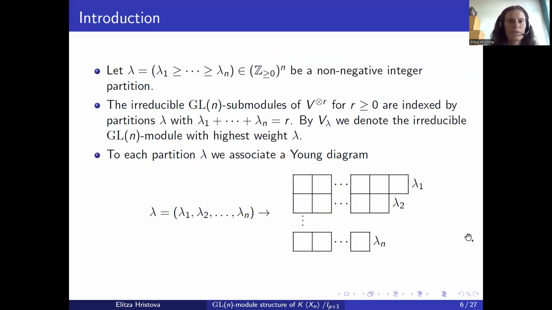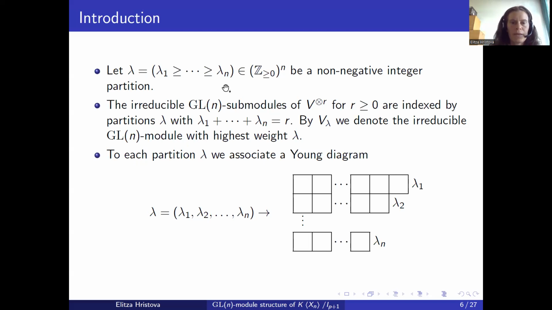First, let us fix the notations. This is a brief recall on some GLn modules, which are probably known to everyone, but let me fix the notations. So by lambda, we'll denote a non-negative integer partition with n parts, which is just a non-increasing sequence of non-negative integers.